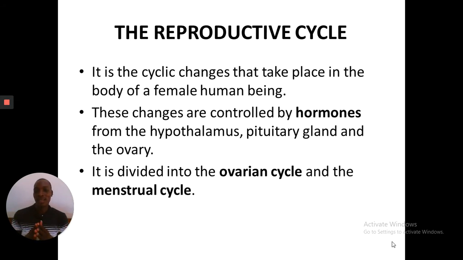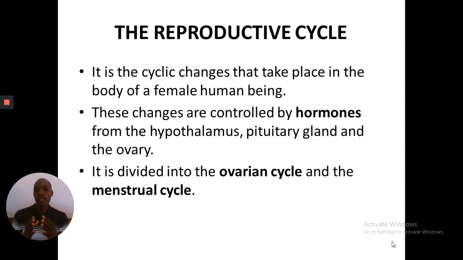But in females, of course, it is common knowledge to all of us that when a girl reaches puberty, she is going to have menstrual periods roughly every 28 days. So every 28 days, the process repeats itself.